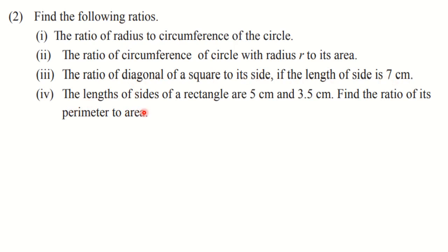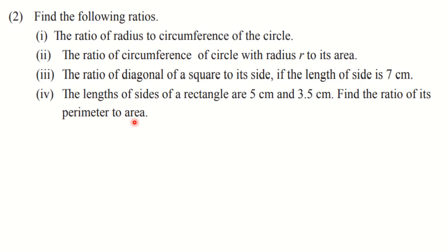In the fourth one, the lengths of the sides of the rectangle, that means L and B, are given to you. So again here you have to find the ratio of the perimeter to the area. So here also perimeter and area have different units. So what you should write here is: find the ratio of the numbers associated with perimeter and area. Only the numbers we are thinking about.